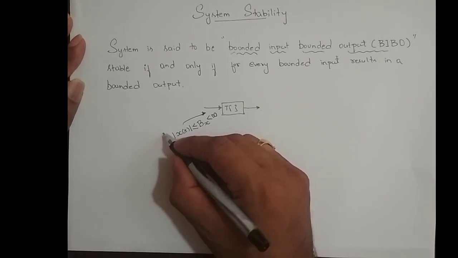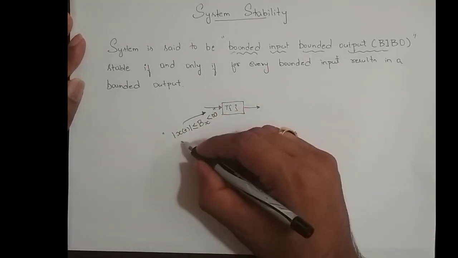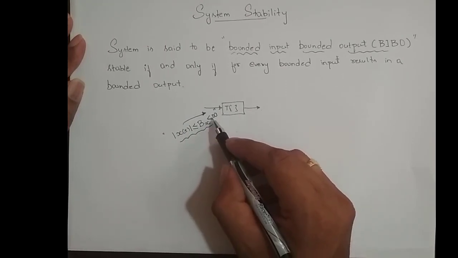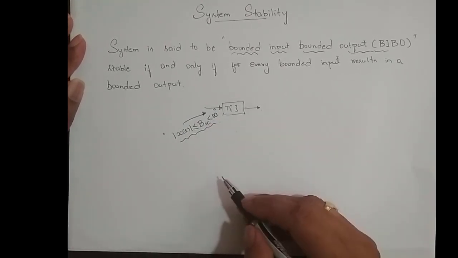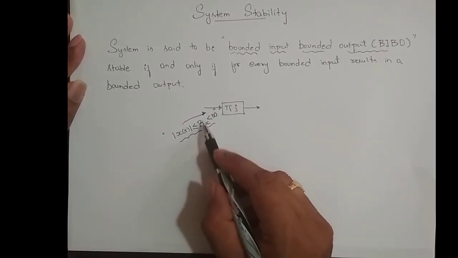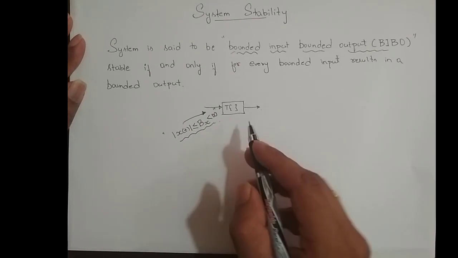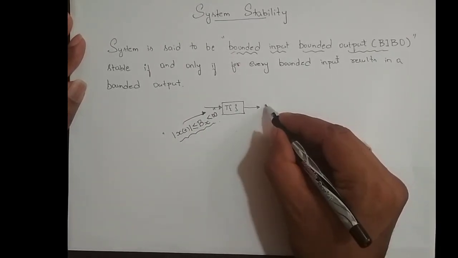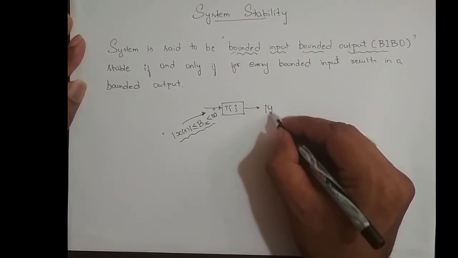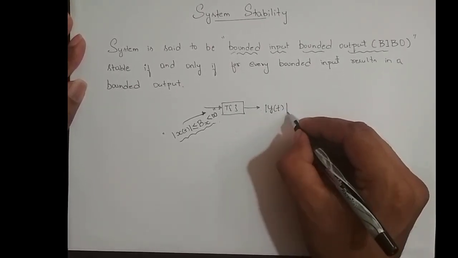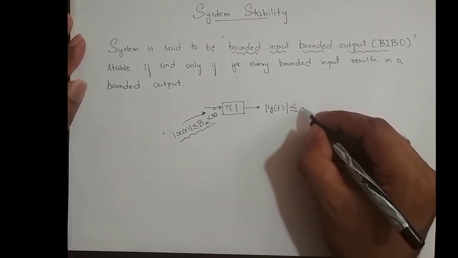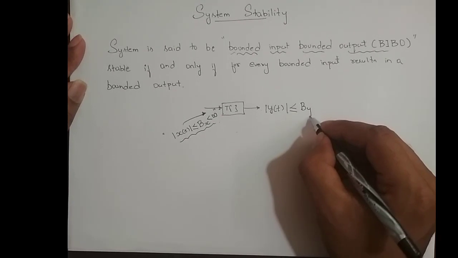So mathematically, bounded input we represent like this: magnitude of x of t less than or equal to bx, and bx is less than infinity. Okay, so for every bounded input, if I apply this kind of bounded input to the system which does some transformation t, the output y of t should also be bounded, in the sense the amplitude of the output from the system should be less than or equal to some value, bounded value by.